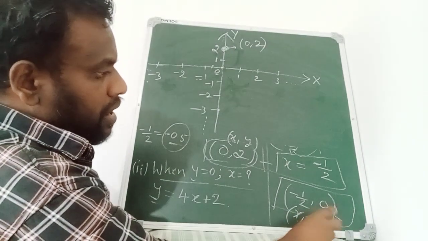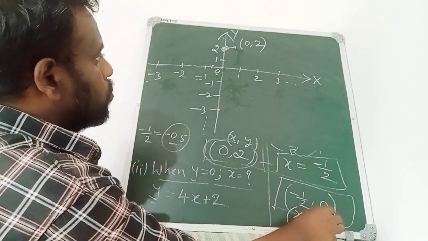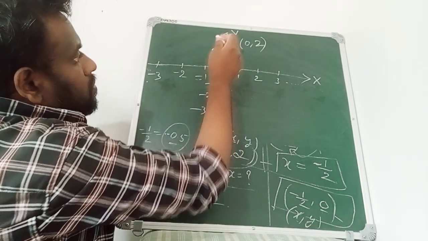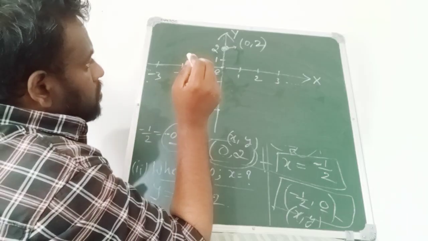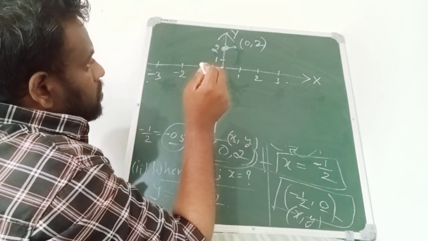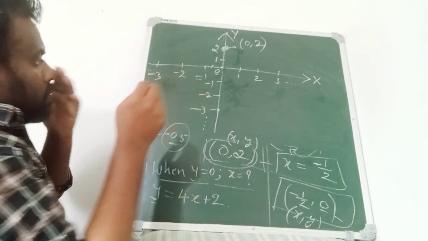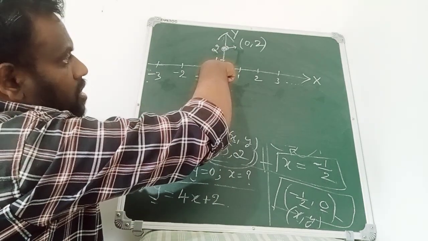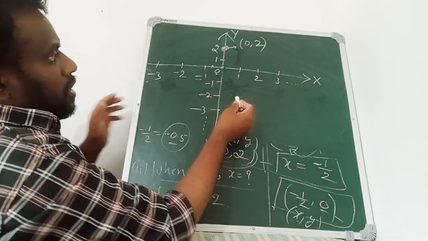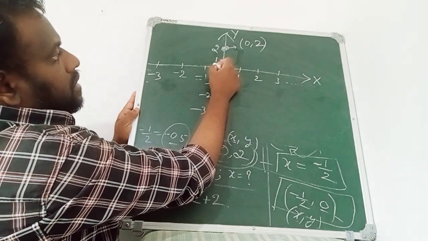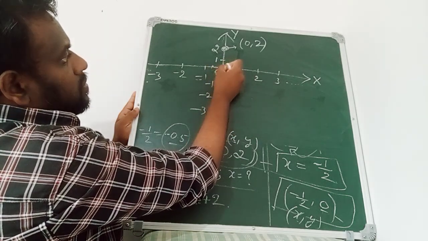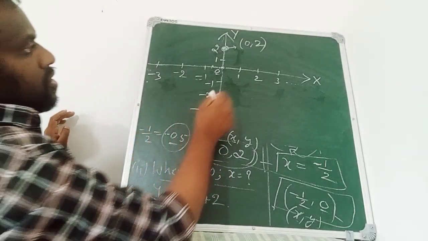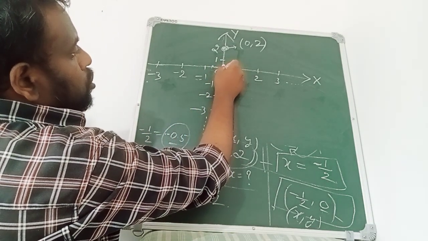Next, what is the corresponding y value? 0. Y is equal to 0. Okay. So when x is equal to minus 1 by 2, y should be 0. That means if you mark like this, y is equal to 0 comes here.